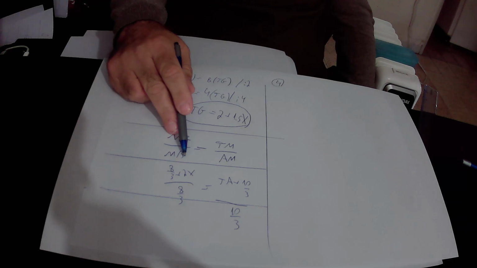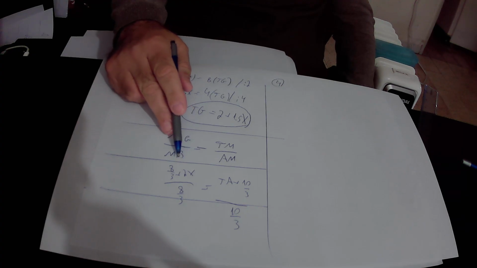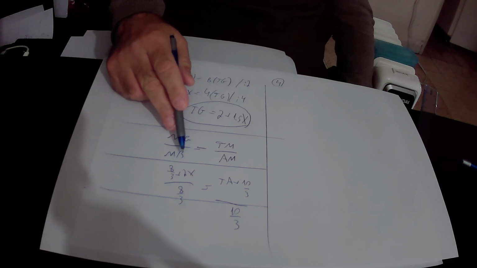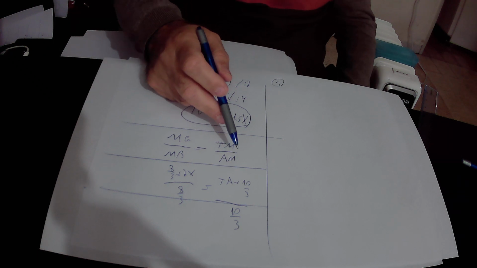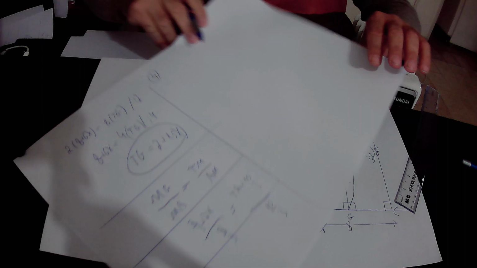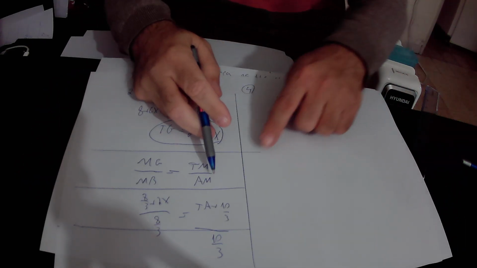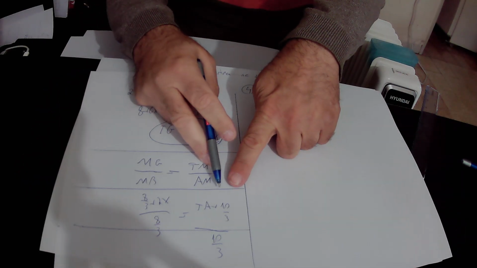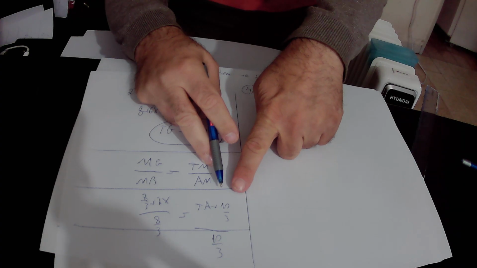Here we will multiply 2x by 3 and then divide it by 3. And here also we'll multiply TA by 3 and then divide it by 3, in order to have a common factor of 10 over 3.